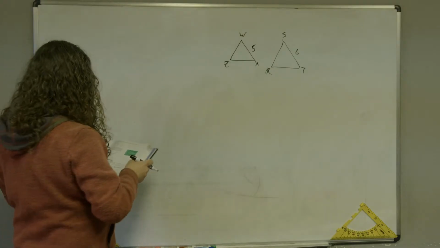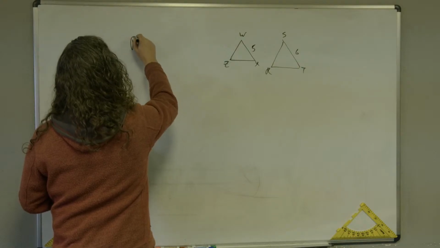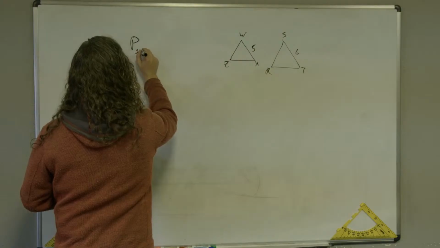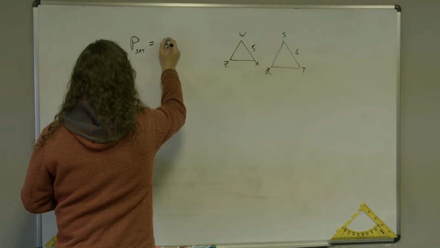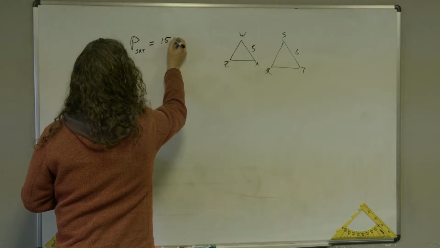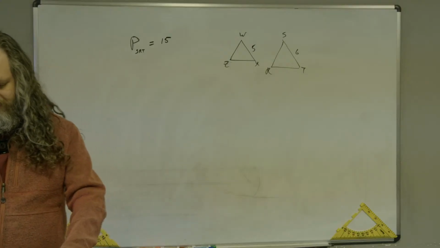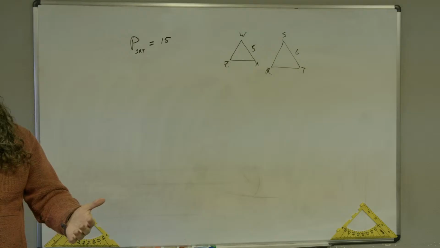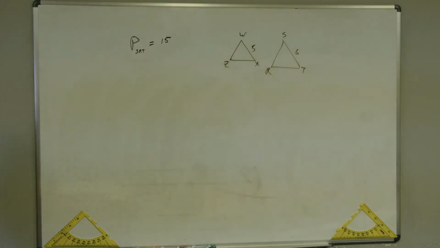It also says the perimeter of SRT is 15. And we're supposed to find what? The other perimeter. What should we do?